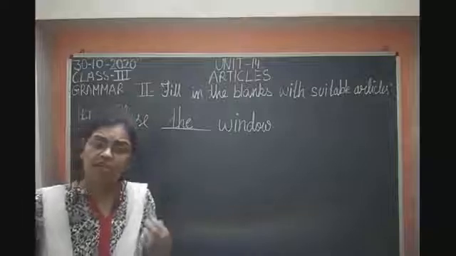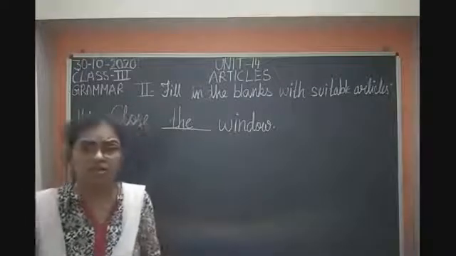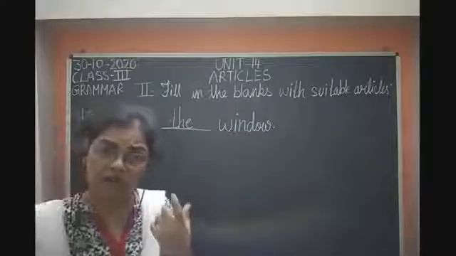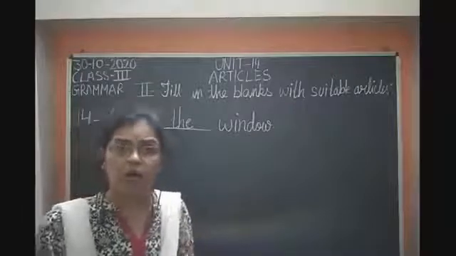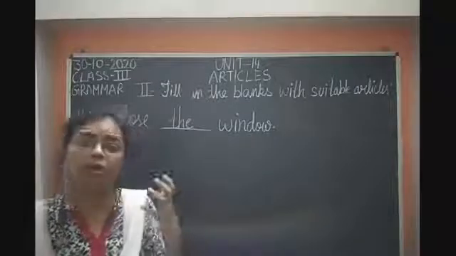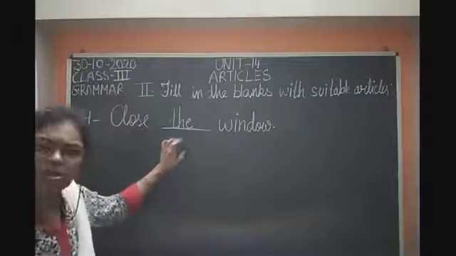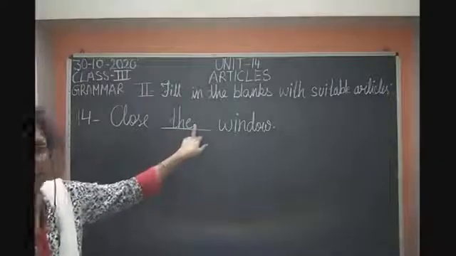A superlative degree of comparisons, then the directions, then the name of newspapers, then the name of rivers, holy books, है ना? तो इन सब चीजों के आगे the use होता है और आपको ये याद रखना है. So जब भी हम किसी definite particular specific चीज की बात करते हैं तो उसके आगे हम क्या use करते हैं? Definite article the. So please write the in the 14th line.